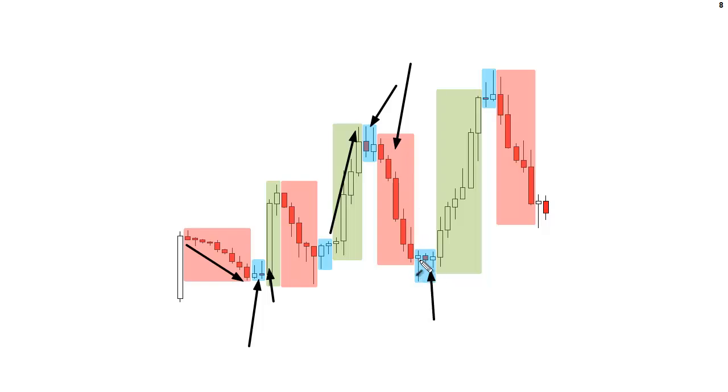Then here we start getting a transition again. We go from price being completely controlled by sellers. You could see it's completely controlled by sellers because these candles have big, strong bearish bodies. It's a strong bearish trend. So we go from price being completely controlled by sellers to this candle here.